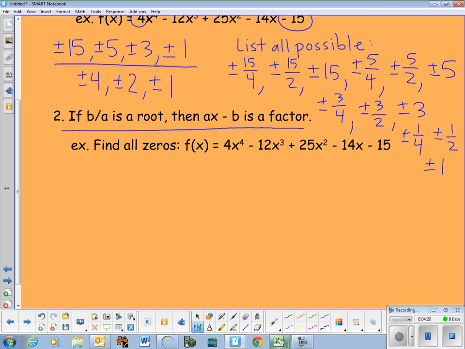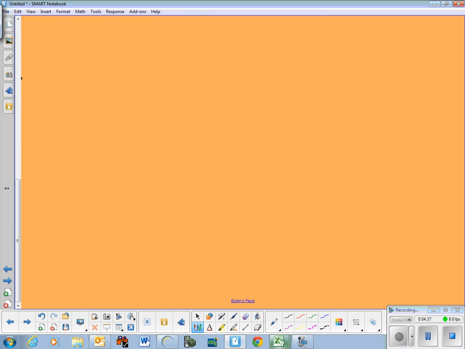So what that means for us is, let's say 2/3, for example. Before I get to this example, I'm going to move down and have another example. If 2/3 is a root, meaning the graph goes through 2/3 on the x-axis, I cannot say x minus 2/3 is a factor.